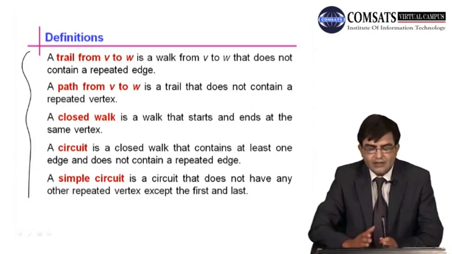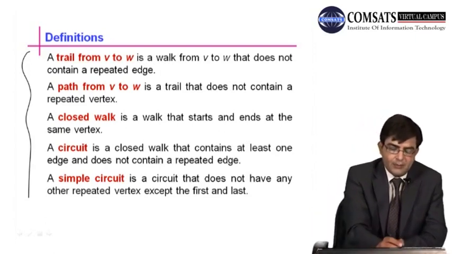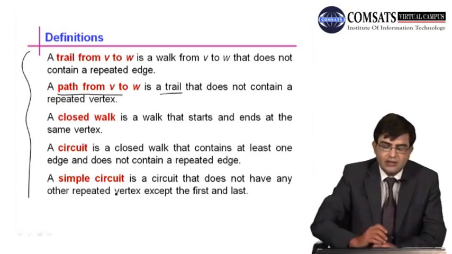Here they have restricted the vertices also, that vertices should not be repeated. So in a path we have both conditions: edges must not be repeated and vertices are also not repeated.